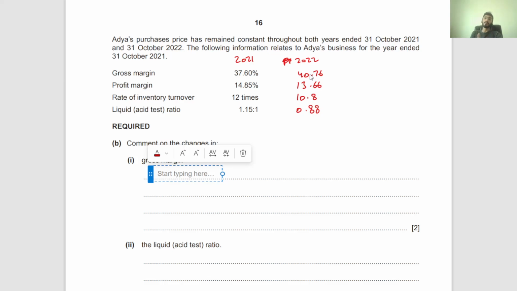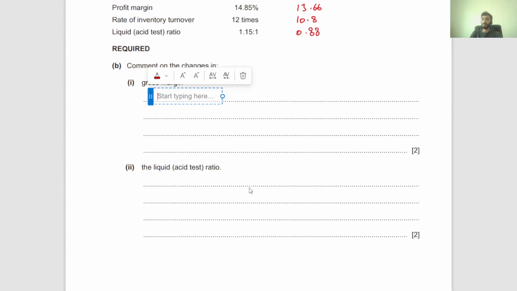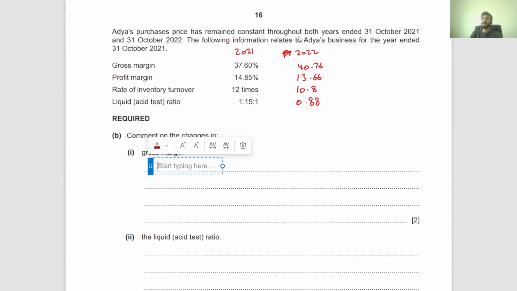In our case, it has gone up. So we'll comment based on that. You won't be losing any marks for analysis based on your own answers. If you make a mistake above, it won't affect your marks over here. Hopefully you all understand that rule, the own figure marks.